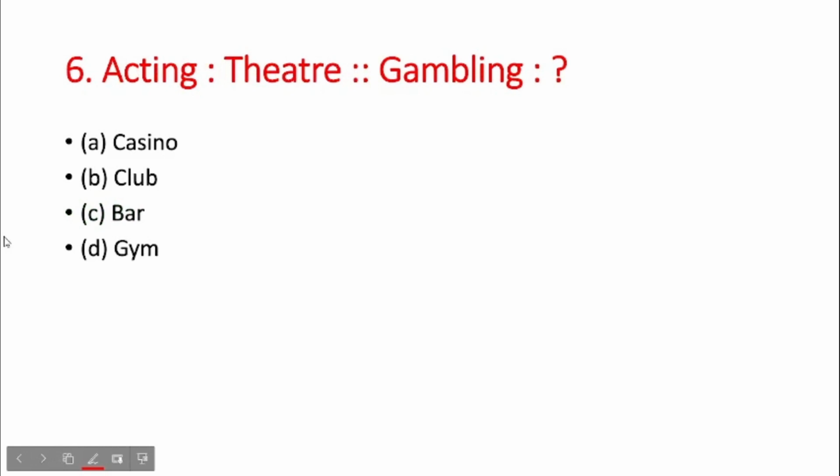Acting, theater; gambling, what? Acting is done in theaters, right? Theater here doesn't mean movie theaters; it means stage performance. That's what theater is called for acting. Similarly, where is gambling done? Gambling is done at casinos.